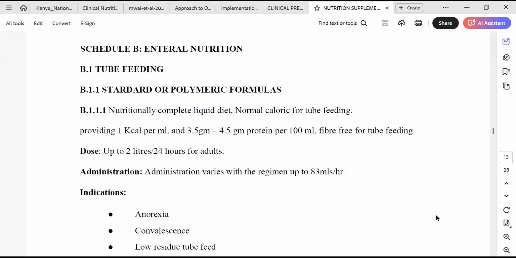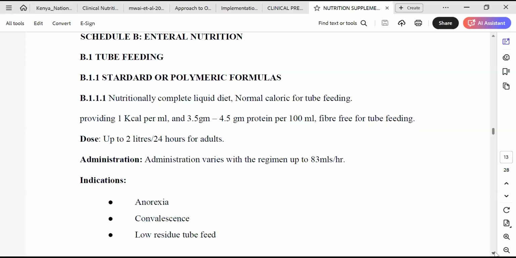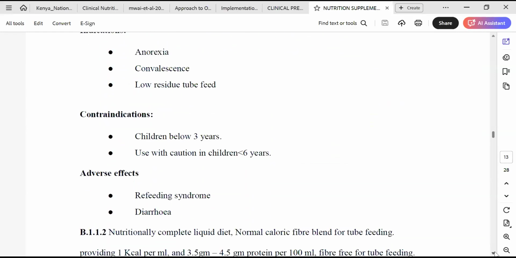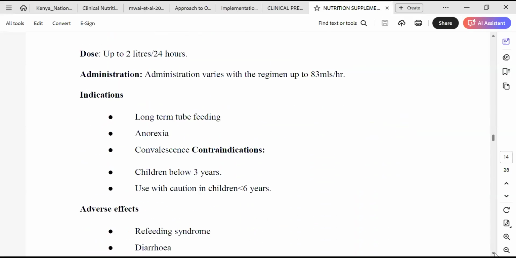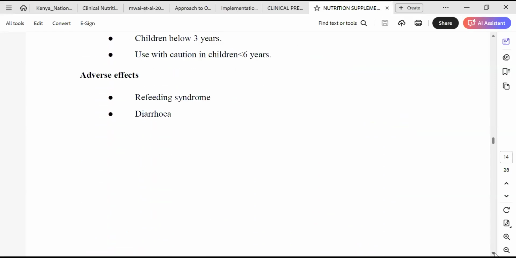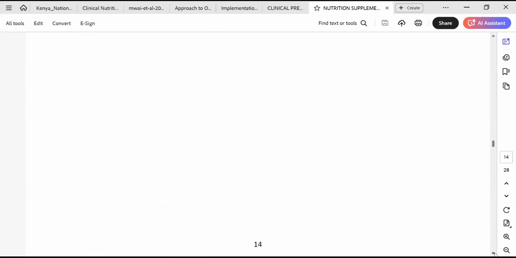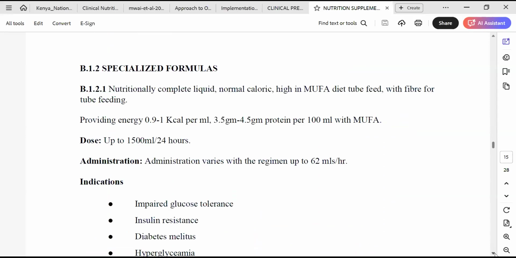I know many of you know these supplements by their brand names, but there is a way they are classified. For example, nutritionally complete liquid diet, normal calorie for tube feeding, providing 1 kcal per ml, 1 up to 2 liters. If you check different brands, you'll know which one falls under that. They have indications and contraindications. We have quite a lot. I'll share this for your reference. You can print it and use it in your facility as your nutritional formulary.